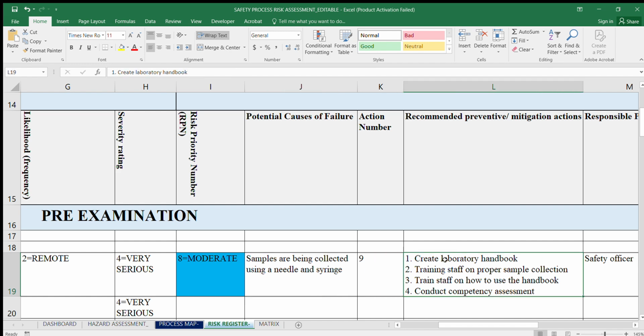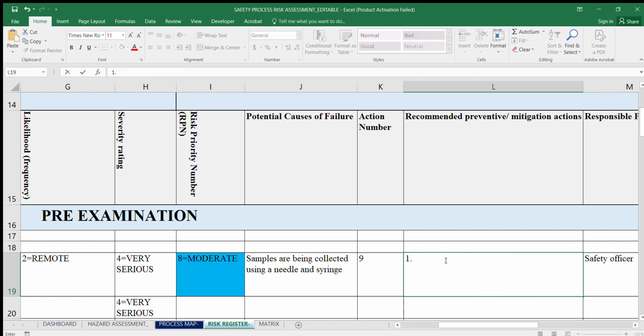So in this case, what we're saying is that we have one potential cause, which is samples are being collected using a needle and syringe. Therefore, our preventive action is that we need to stop using the needles. So we need to start collecting samples using the vacuum turners in this case.